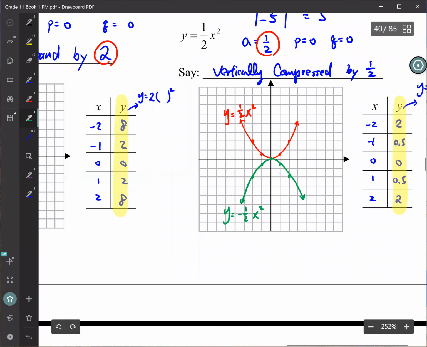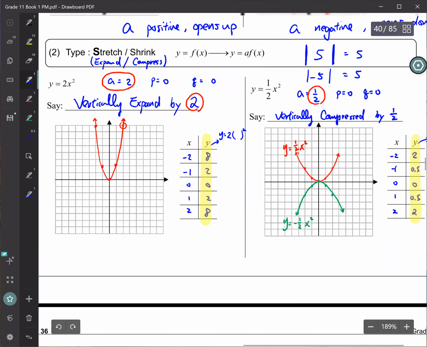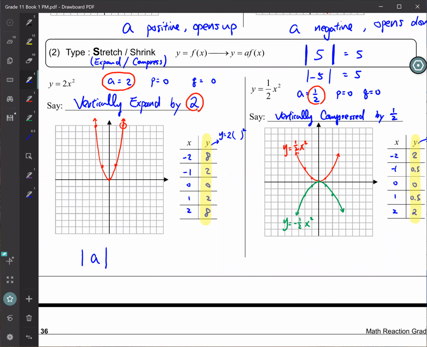All right, so now let's put it in a conclusion. Remember, when we describe the stretch or compression, we ignore the negative sign, so I need to put the absolute value of A. It means that it doesn't matter what A is, you pretend it's positive.